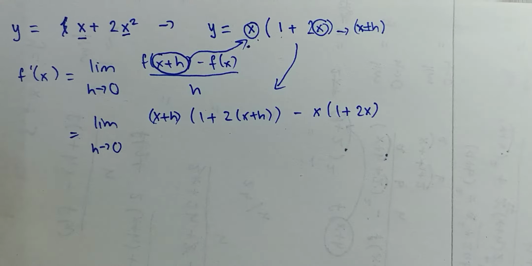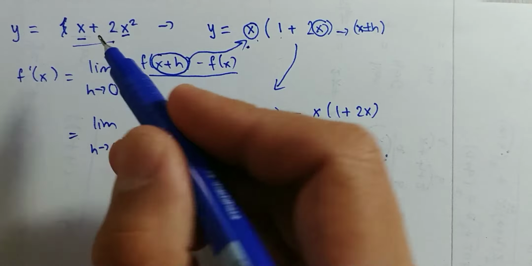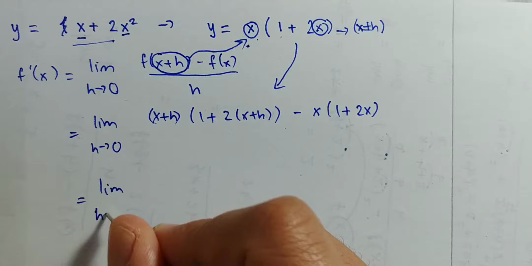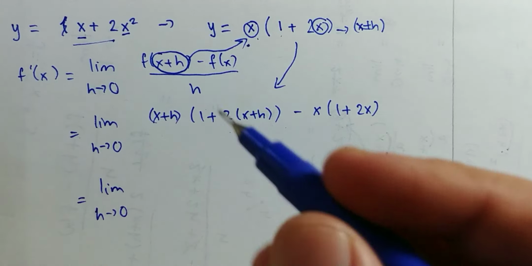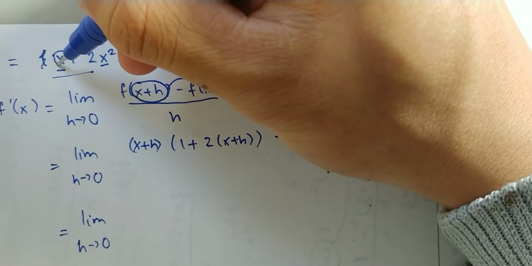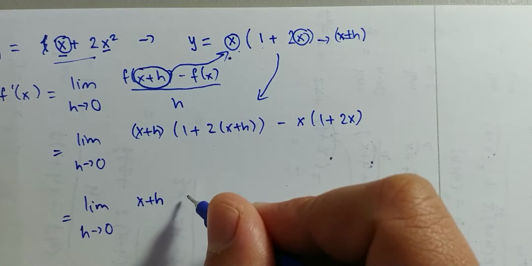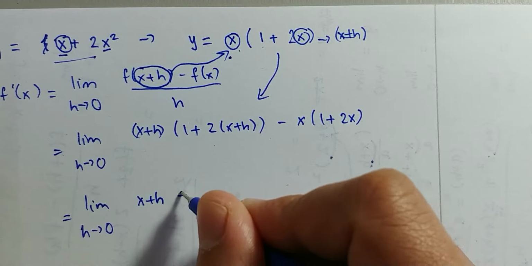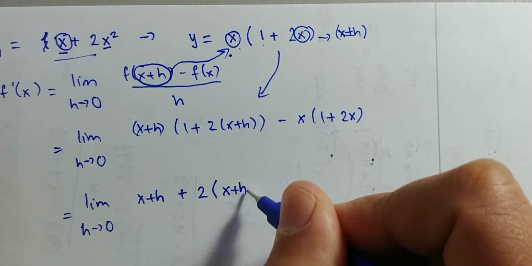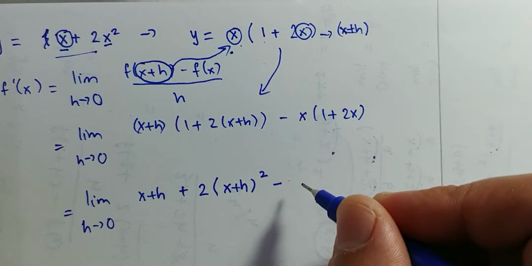Or if you want to go with this function, then what it looks like when you replace that by x plus h is that. So I'm replacing this x by x plus h, plus 2, again replace x by x plus h all square, minus f of x.